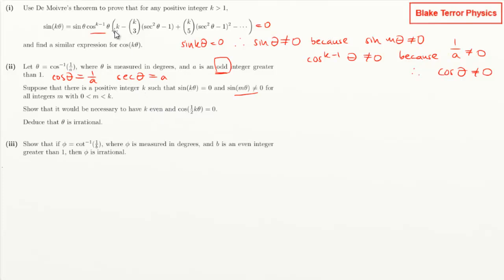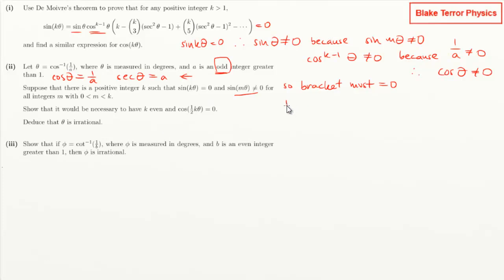Anyway, so I've got that. So that's not 0, that's not 0. So it would have to be the bracket that is 0. So the bracket must equal 0. How are we going to get that to be equal to 0? Maybe this is why it matters that a is odd, because we've got sec squared minus 1.